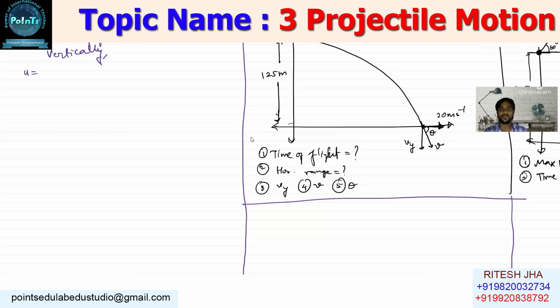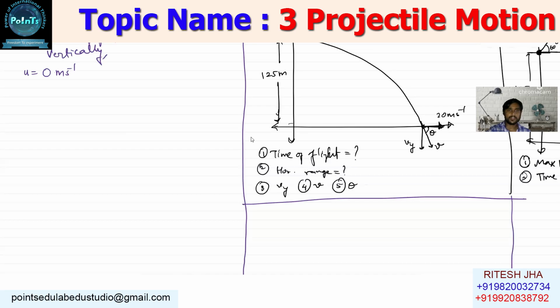See, the thing is, it is launched in the horizontal direction. That means there is no speed in the vertical direction at the beginning. So initially, the vertical velocity is 0 meters per second.